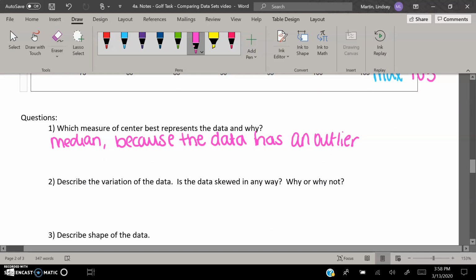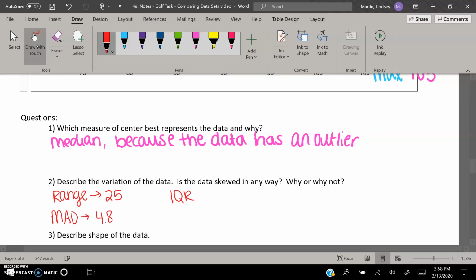Now we'll describe the variation of the data. The 3 things that we use to describe variation are range, MAD, and IQR. My range here is 25. My MAD is 4.86.